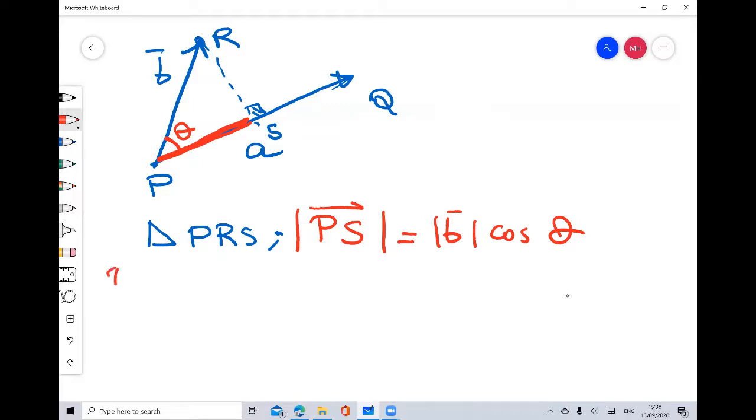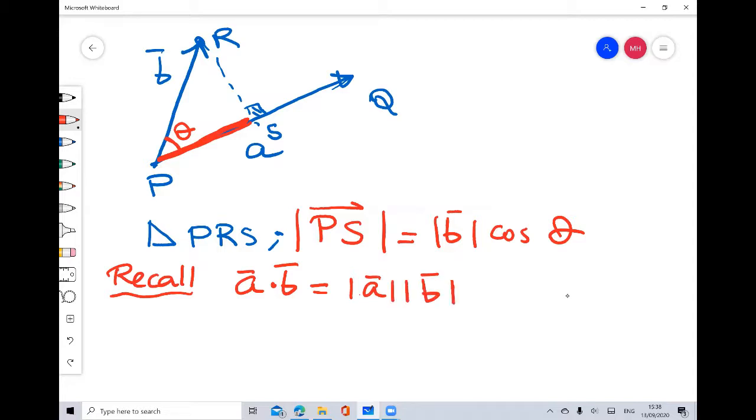Now recall again, I want to use the dot product here. Recall that when I had the two vectors A dot B, the geometric interpretation or definition was the product of the lengths times cosine theta. Now let's use this in our formula again.